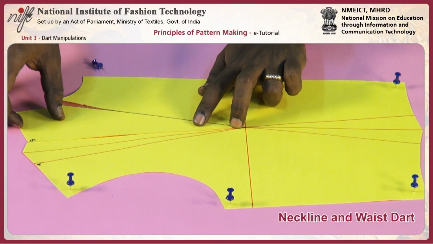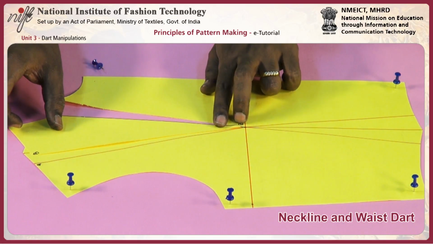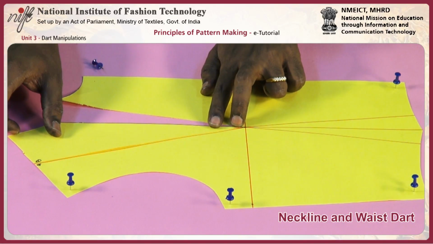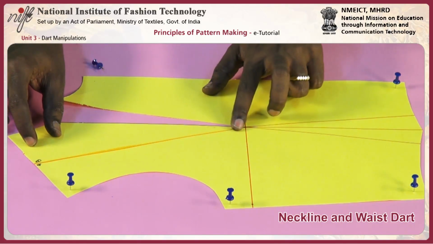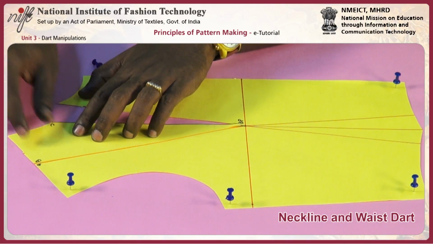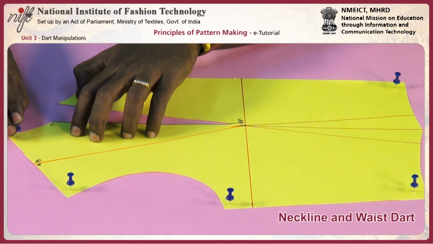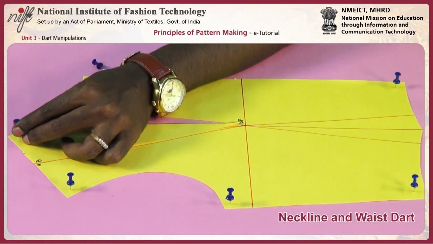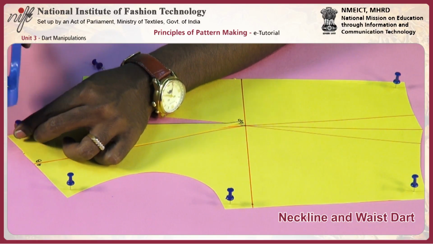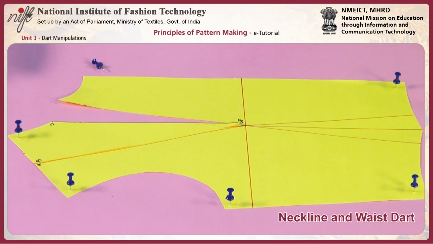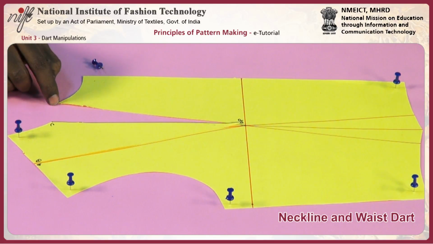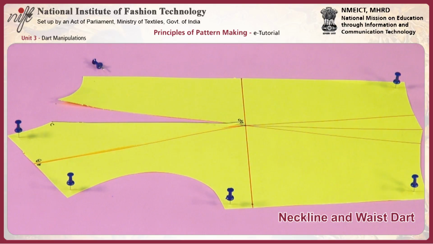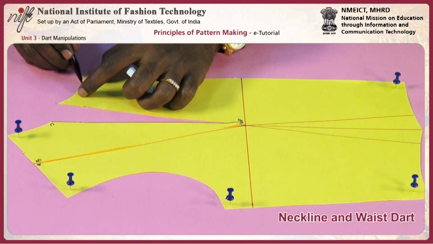Then move B to A by pivoting the bust point, and pin it. The dart will open at C. Now trace the pattern. Mark all the corner points.